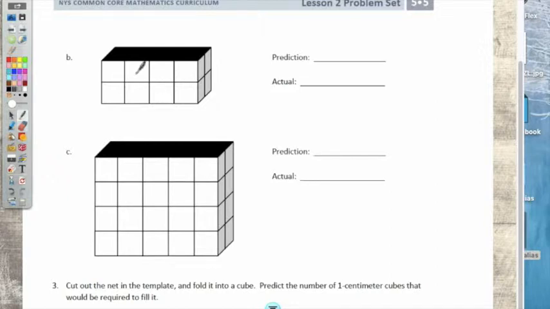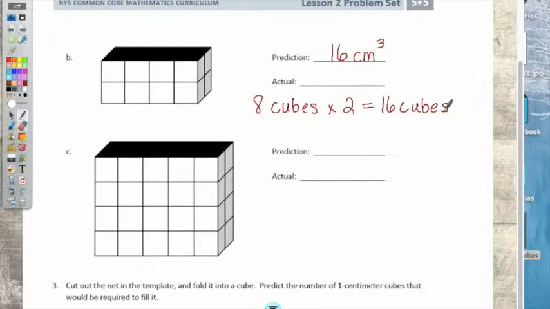Okay, how'd you get 16? There's 4 rows of. So there's 4 and 4, which is what? 8. And how far back does it go? 2. So could we write 8 cubes times 2 equals 16 cubes? Okay, now I want you to build it to check Jocelyn's prediction. So was Jocelyn's prediction correct? Yeah. Okay, 16 cubic centimeters.